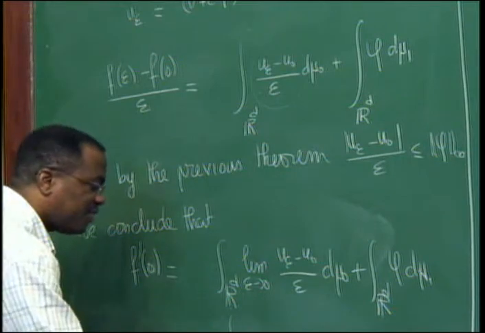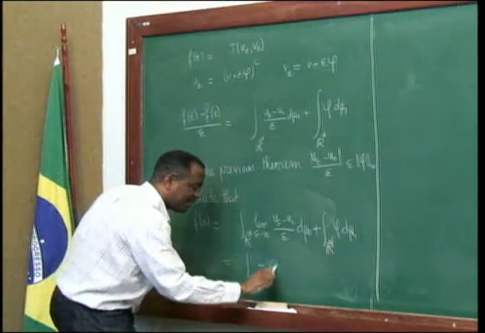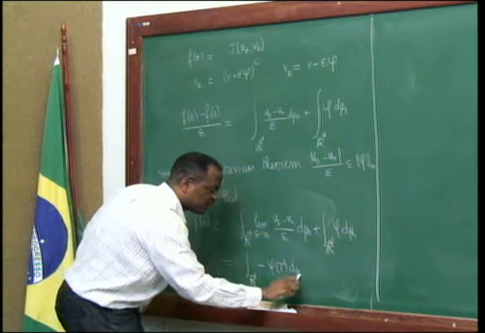But this limit is negative phi of T d mu naught.